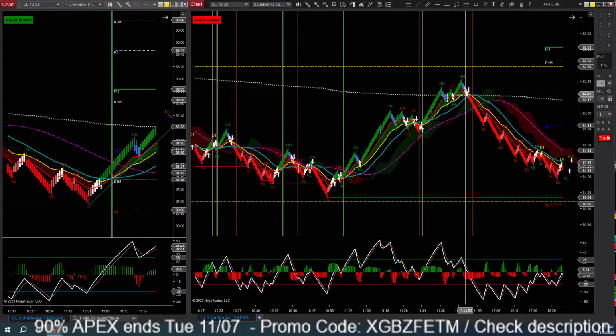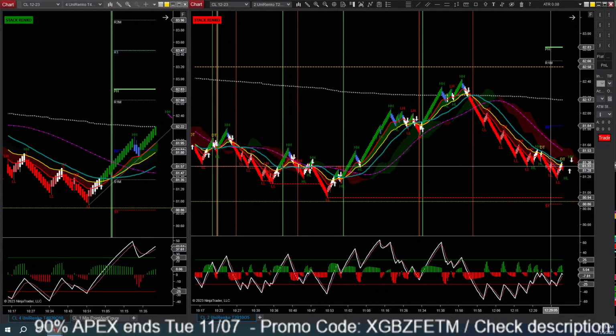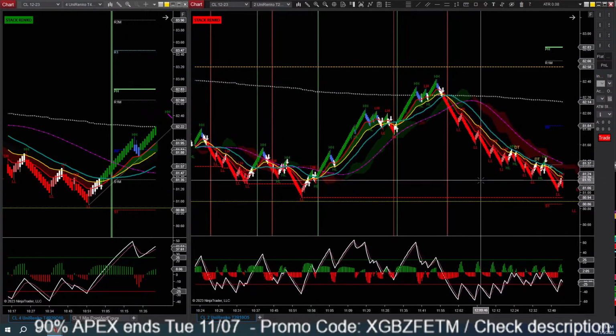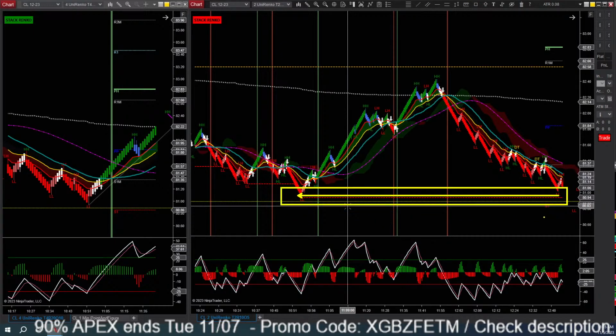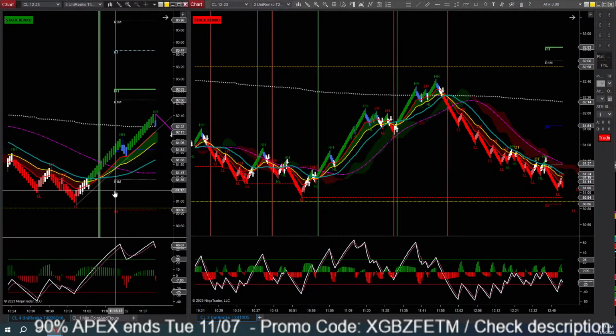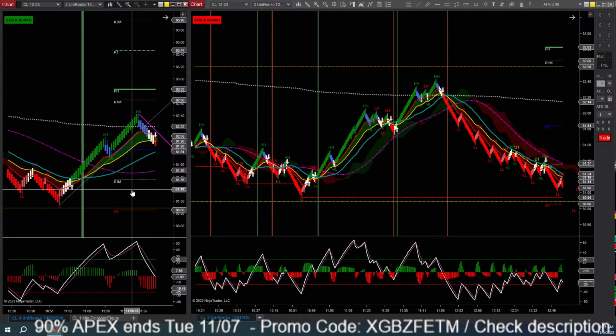It went up again, failed to break the VWAP, and then came back and slammed it again, looking to revisit this area right here. So in the anchor chart you have that rejection.